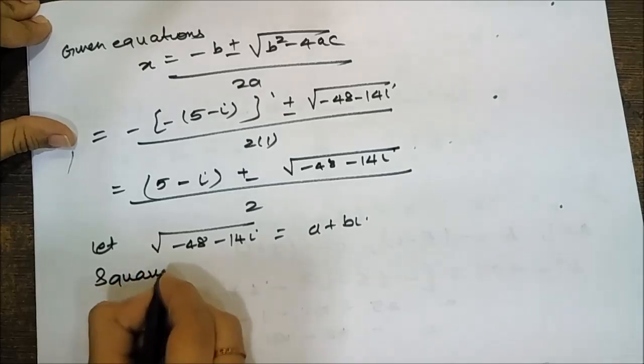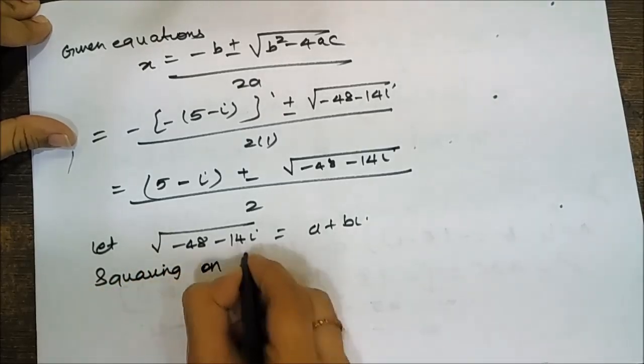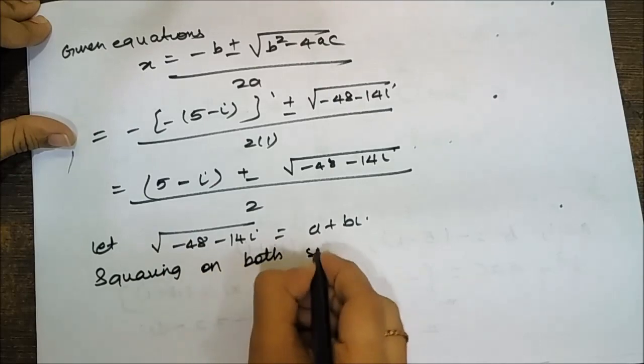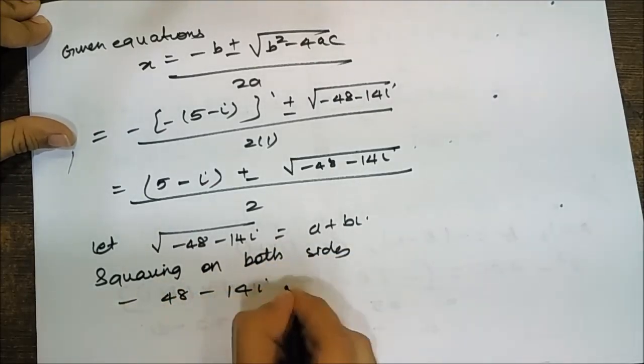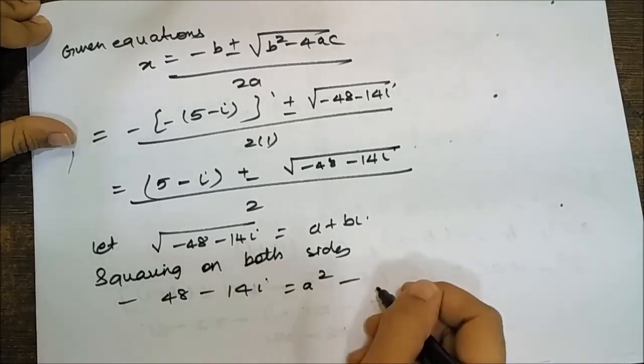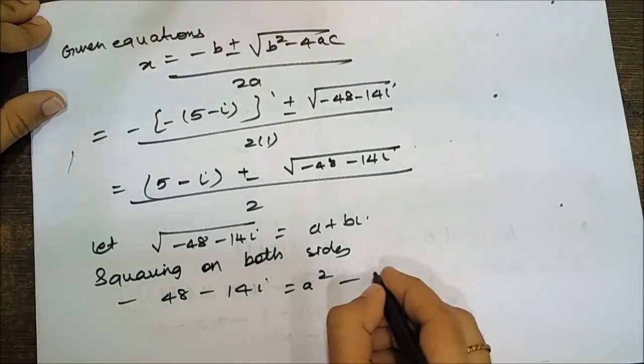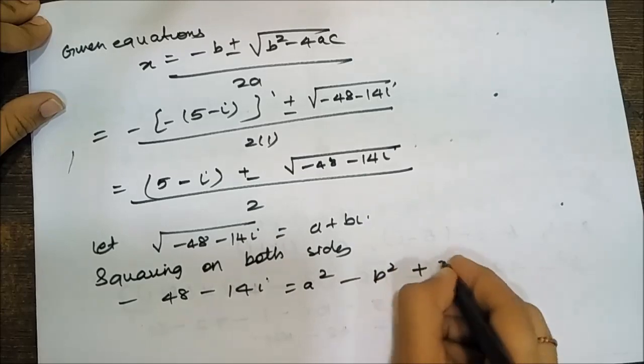Squaring on both sides. Minus 48 minus 14i is equal to a square minus b square plus 2abi.